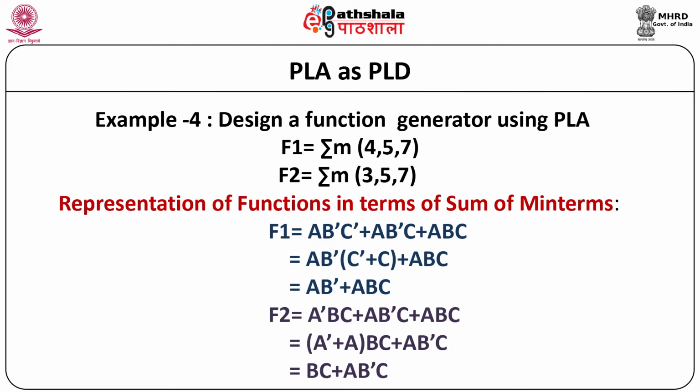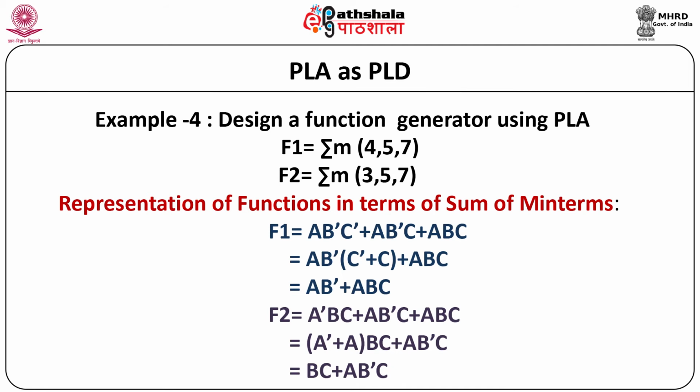Now represent these functions as sum of min terms and simplify. f1 is equal to A B bar C bar plus A B bar C plus ABC, that is equal to A B bar in bracket C bar plus C plus ABC, that is also equal to A B bar plus ABC.